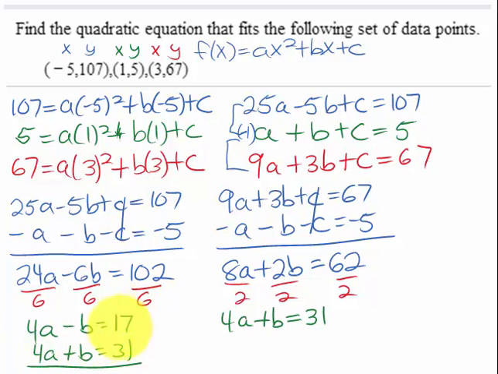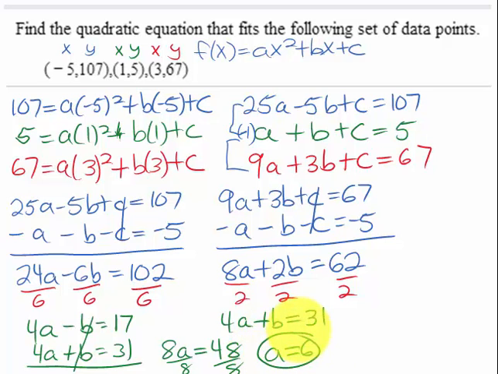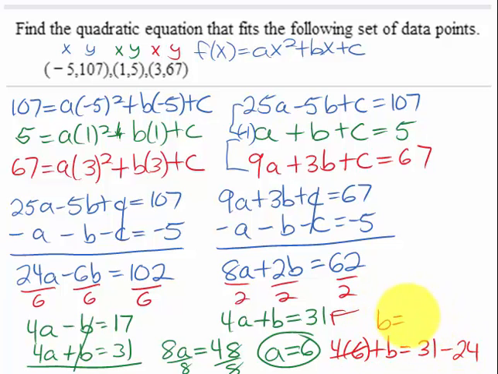If I add those up, the b's are gone, and I get 8a equals 48. Divide both sides by 8, and a equals 6. Now I'm going to substitute that in so that I can find b, and I'll just put it in this one. So I have 4 times 6 plus b equals 31. So this is 24, so I can subtract it from both sides, and it looks like b equals 7.